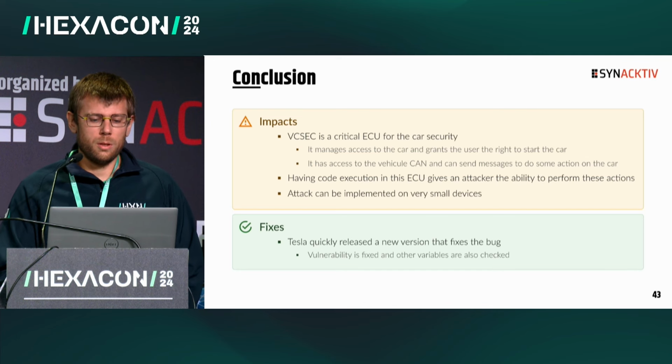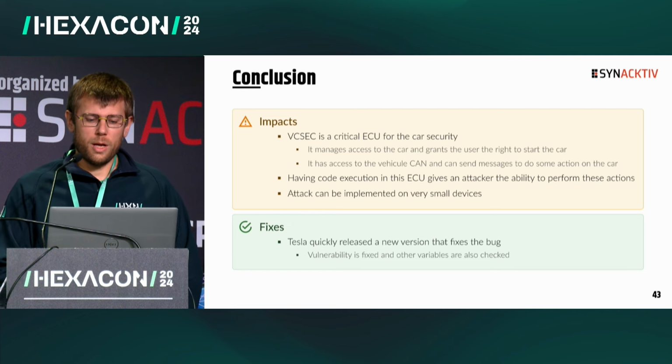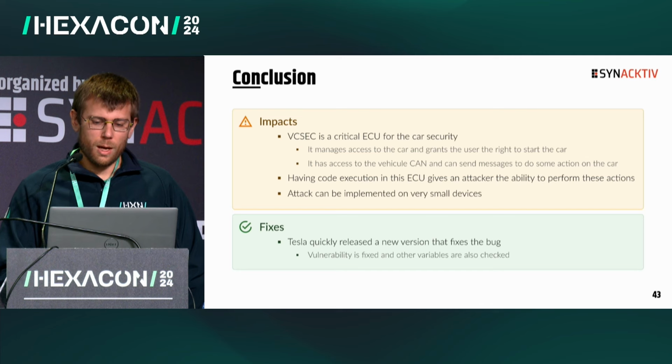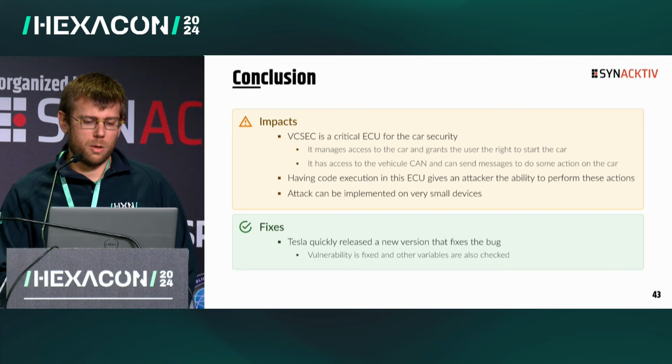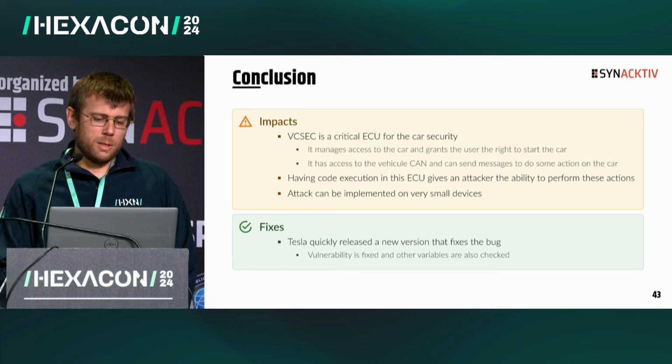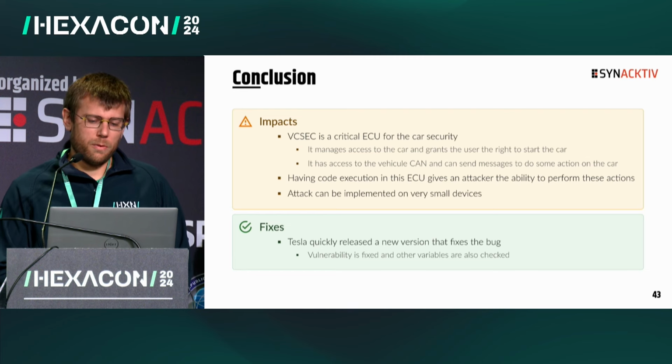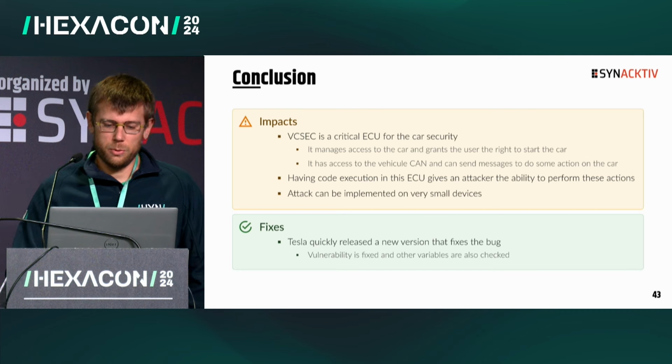With code execution, we can at least open the car and start driving it. We can probably add more smart keys, and having access to the CAN bus can be used to send commands to the other ECUs. The attack can be implemented on very small devices like the ESP32.